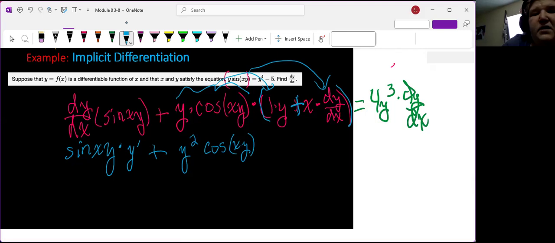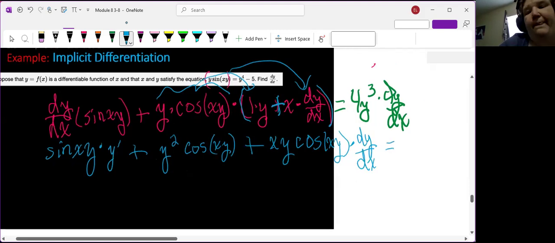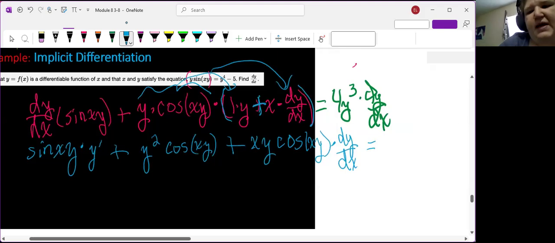And then plus xy cosine xy times dy dx. And then on the right, we just keep that ugly mess exactly the way it is. Ugh. Sorry, forgot I was going to the y prime notation.